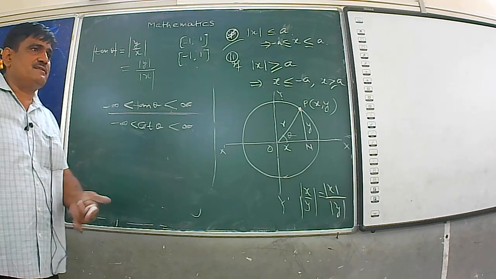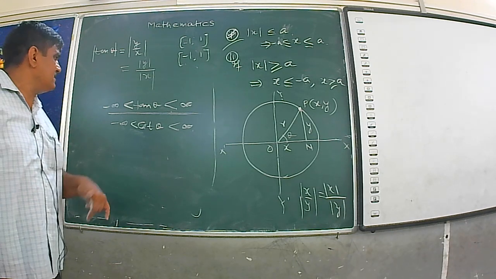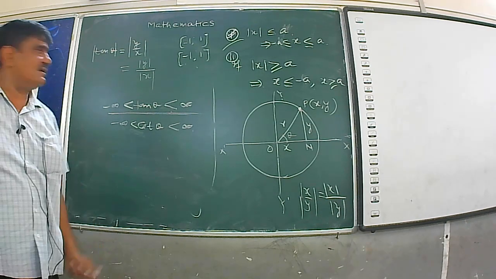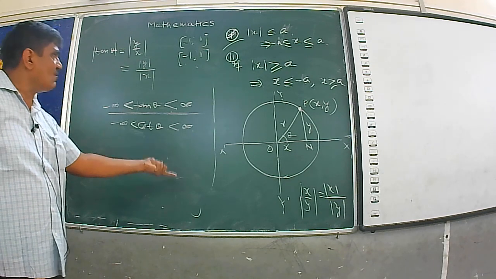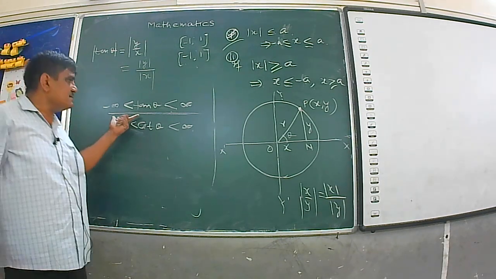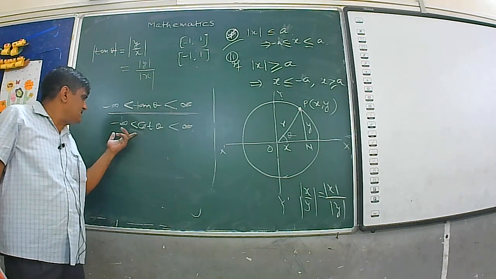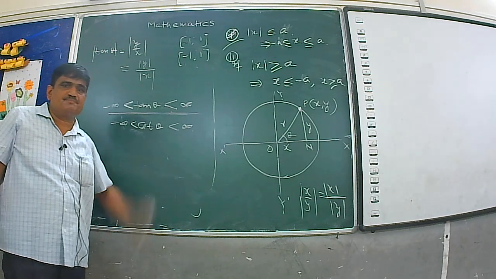The range of sec theta and cosec theta: absolute value of sec theta and cosec theta is always greater than or equal to 1. Tan theta minus infinity to infinity, cot theta minus infinity to infinity.